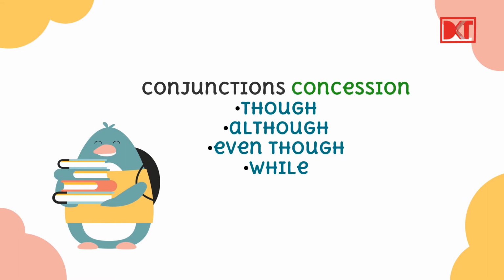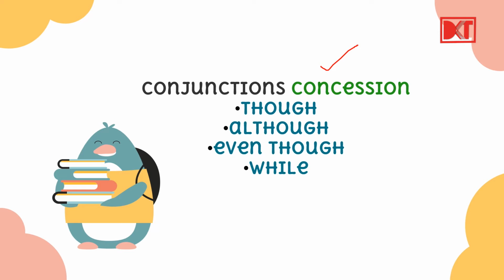Okay, here conjunctions of concession. They are used for concessioning, like though, although, even though, while, despite. There may be more. I'm just giving a few for examples for your broader understanding. Nobody is really going to ask you what are conjunctions of concession, what are conjunctions of condition. I'm just telling these to you to give you a broader understanding.